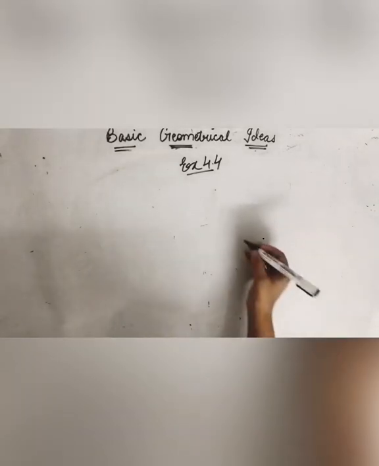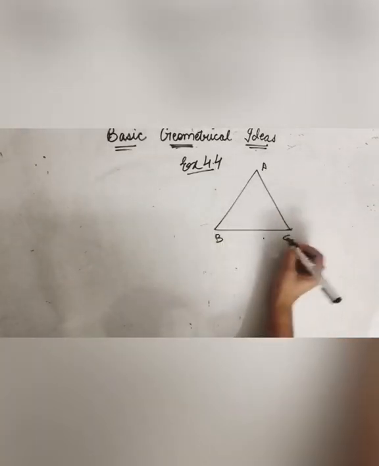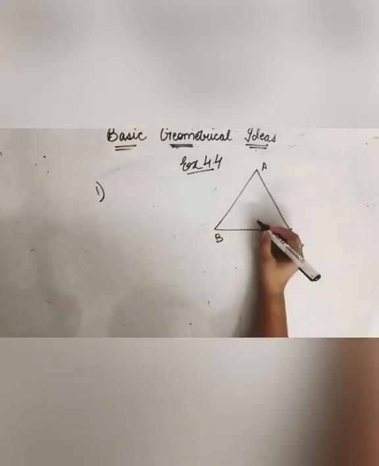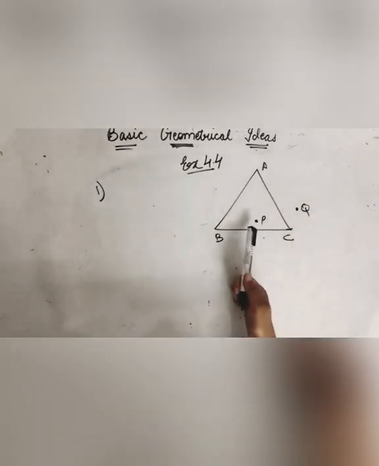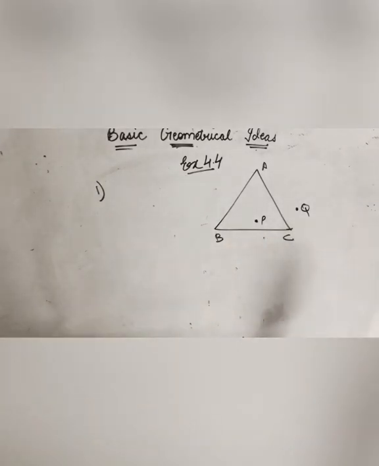Exercise 4.4. First question is, you have to draw a triangle ABC, mark a point P in its interior and a point Q in its exterior. Is the point A in its exterior or in its interior? You have to draw a triangle ABC, mark a point P, mark a point Q. P lies in interior, Q lies in exterior.